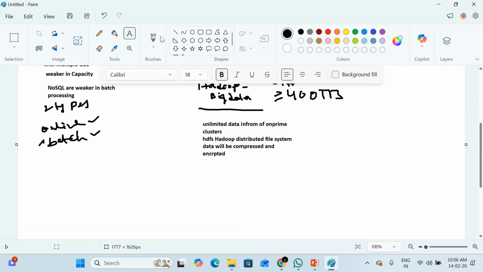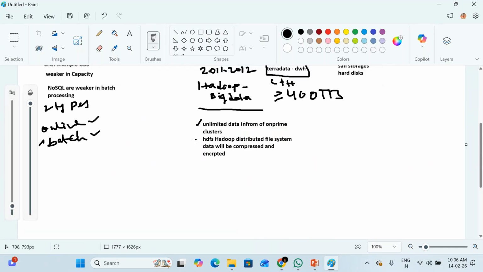These are the biggest benefits here: unlimited data storage, Hadoop Distributed File System, and data compressed and encrypted.